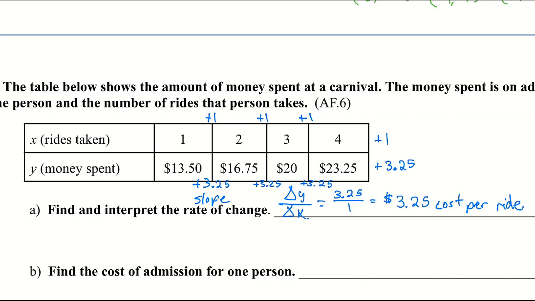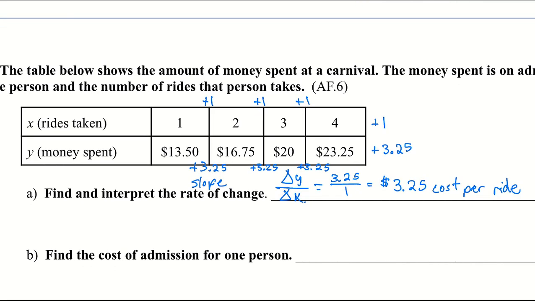We talked about this admission for one person, so I'm not going to spend a ton of time, but the admission for one person is with 0 rides. It's going to be our y-intercept as well. So what I'm going to do is go to 0, which means I'm going to have to go backwards, and that would be by minus 1.